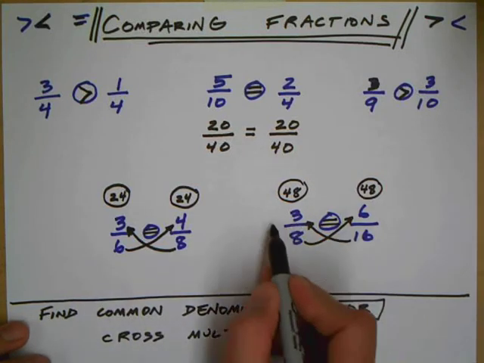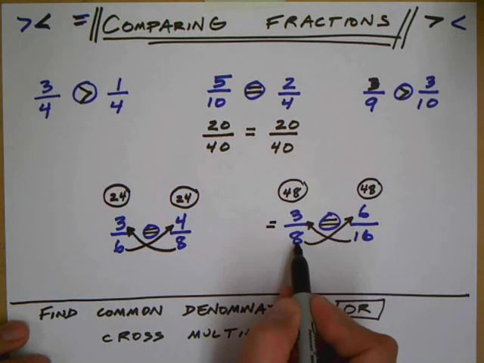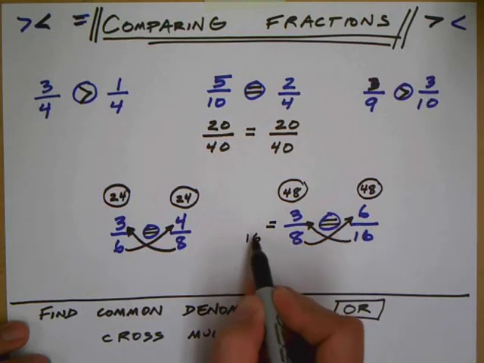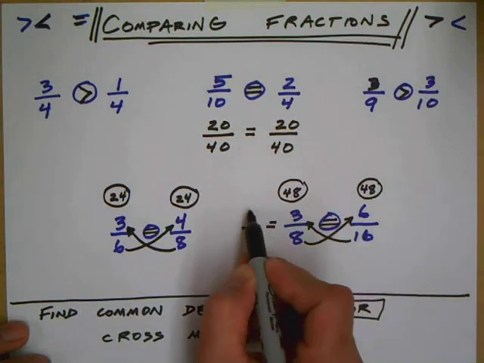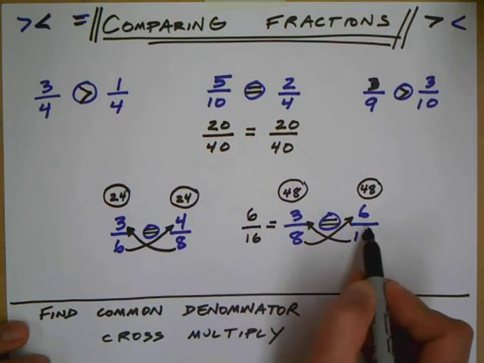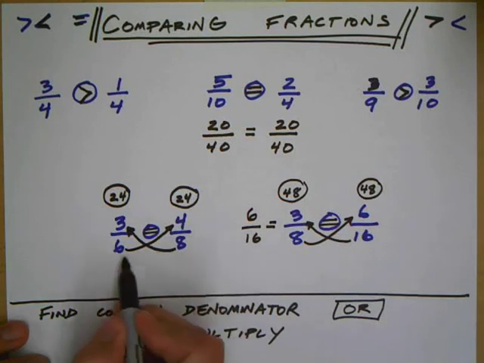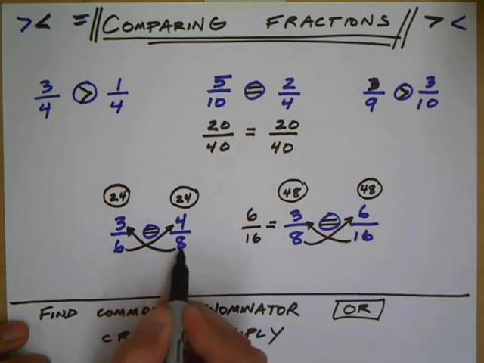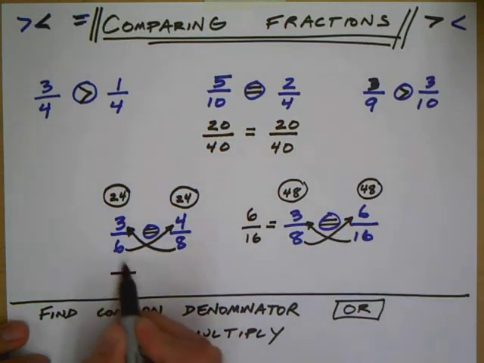I could have turned 3/8 into 16ths. I know 8 times 2 is 16, so 3 times 2 is 6, and you'll see these are both the same here. For this problem, I could have done common denominators. I could have multiplied the denominators. 6 times 8 is 48.